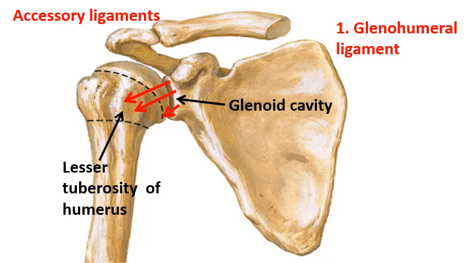So it extends from the medial margin of the glenoid cavity to be attached to the lesser tuberosity of the humerus, the front of the lesser tuberosity, and it supports the joint from the front, or anteriorly. This is the first one. And as you see also, it is attached to the lower part of the anatomical neck.